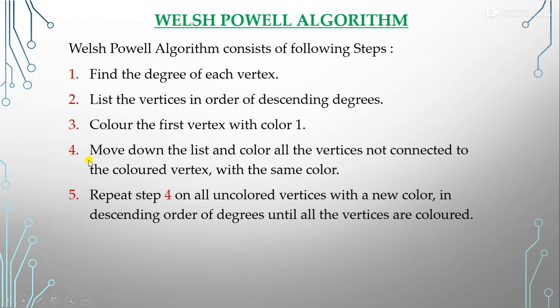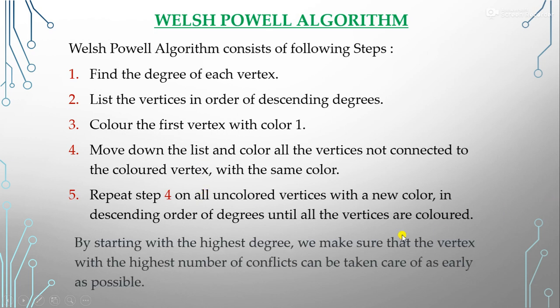Now repeat this step on all uncolored vertices with a new color in descending order of degrees until all the vertices are colored. And by starting with the highest degree, we make sure that the vertex with the highest number of conflicts is taken care of as early as possible, right?